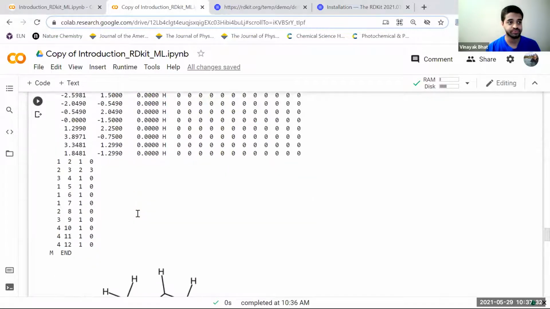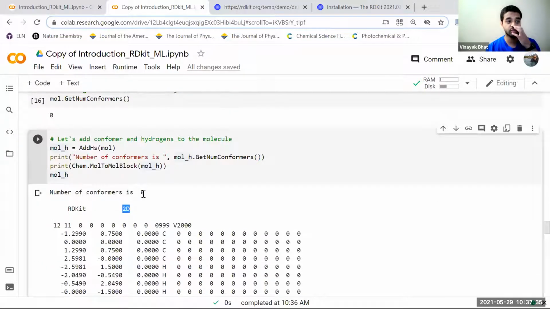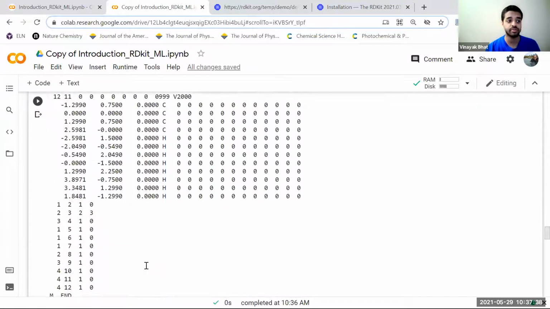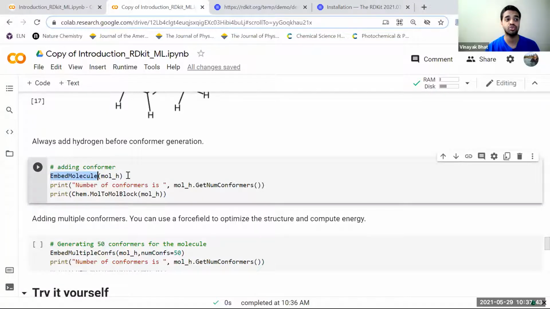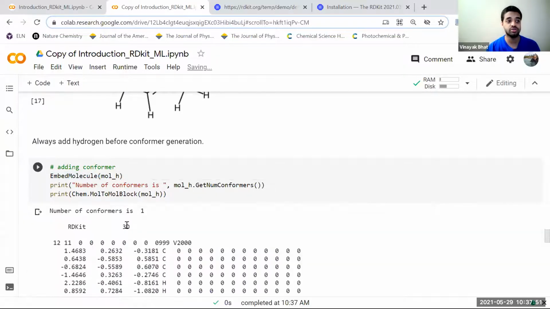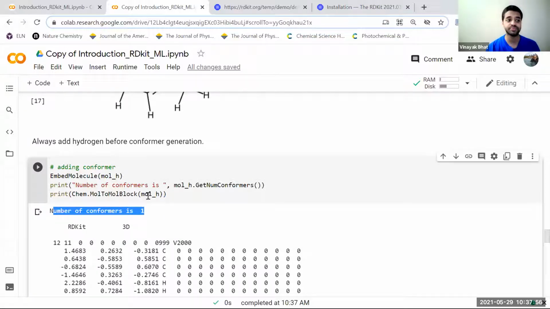There are no 3D conformers yet because we don't have 3D coordinates. To generate 3D coordinates, we would use this function, which is called Embed Molecule. When you say Embed Molecule, it's going to generate a 3D conformer for you, and you can see it's a 3D conformer. Now the number of conformers is 1. There's an algorithm which does this generation, and you may not always get the least energy structure. There are ways in which you can find the minimum energy structure and other things.